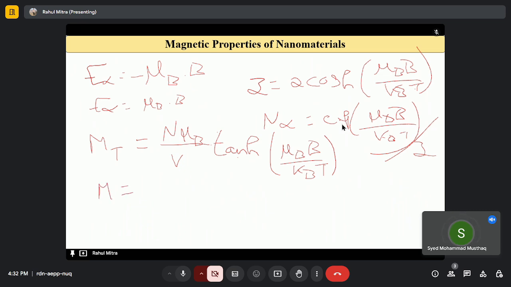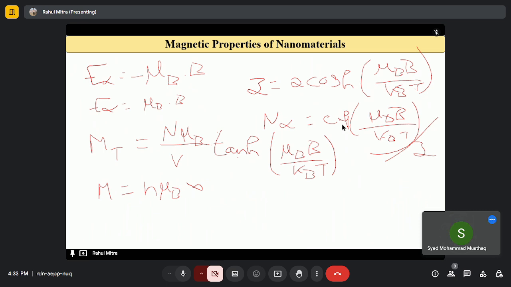M equals N times mu_B tanh, and we can use this equation and draw it, but to derive paramagnetism, or to know Curie's paramagnetism law, let's do the high temperature approximation. In the high temperature approximation, what do we take?